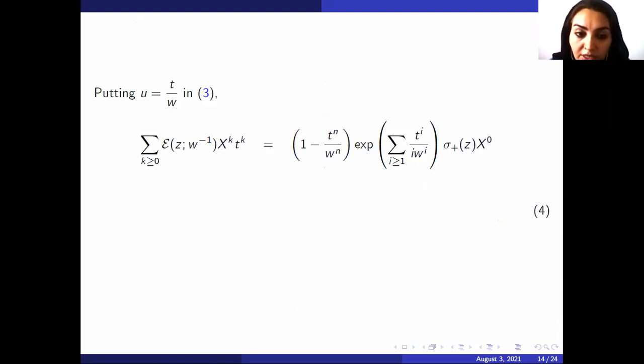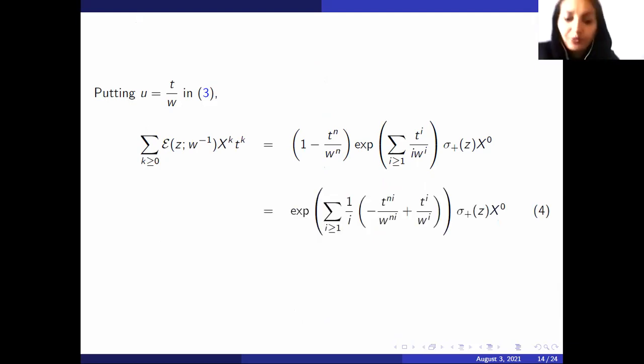What we get is this: sigma W minus 1 xk tk is equal to, you see that instead of u we put T over W, so we have 1 minus Tn over Wn multiplied by this exponential times sigma plus Cx0.